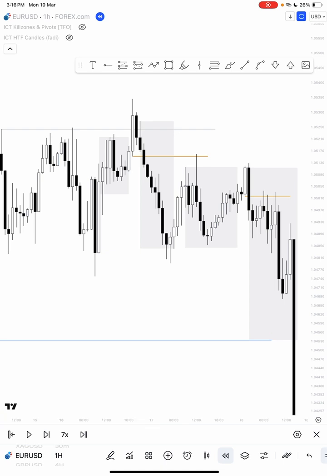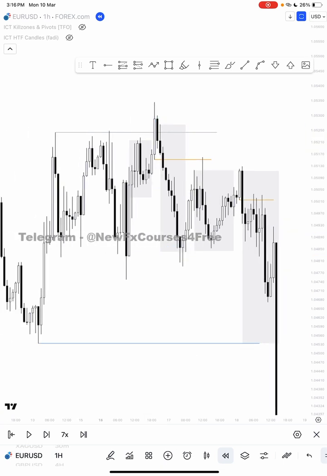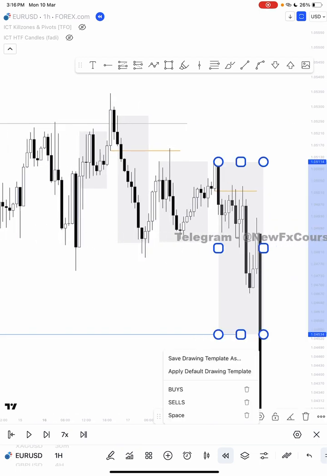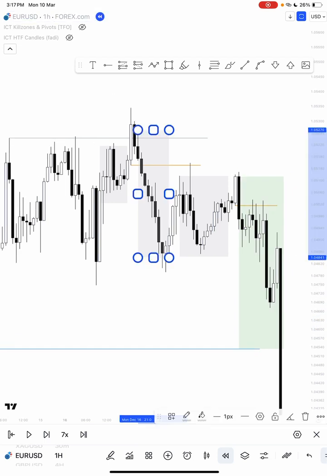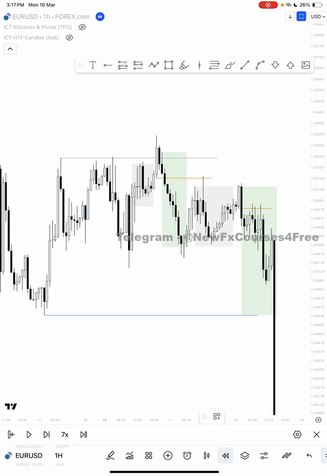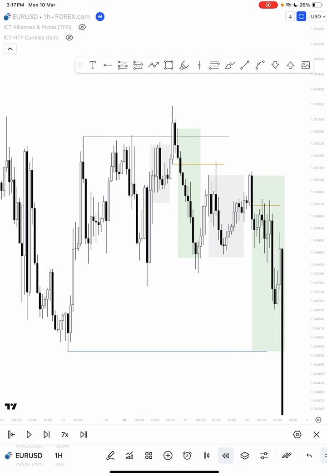So as a trader, you want to participate only on expansion conditions. Don't participate in a ranging profile or you're gonna lose a lot. So focus on expansion profiles only.